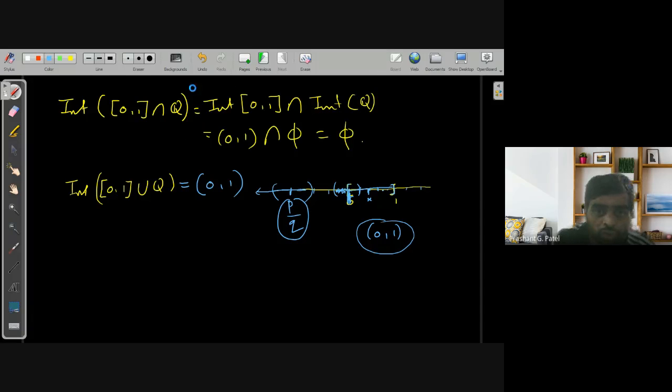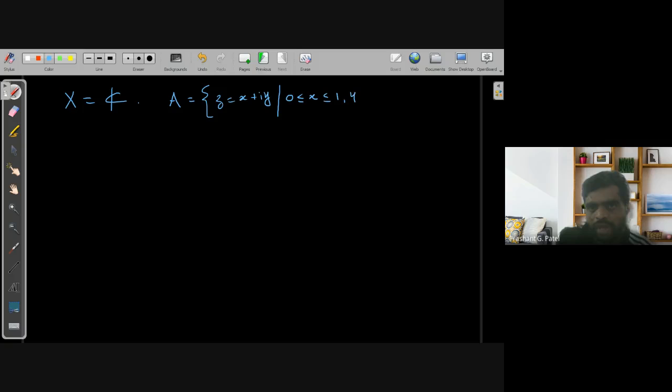Let me give you one more example. Now consider X as C, and my set A is the set of all z of the form x plus iy, such that x is between 0 and 1 and y is 0.